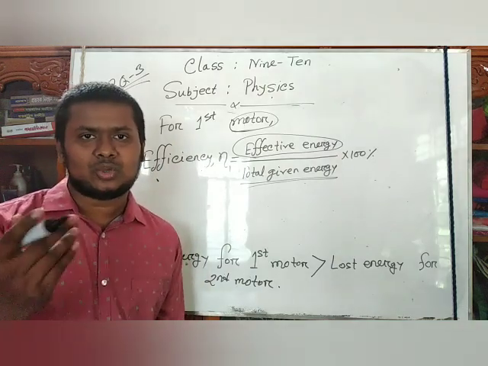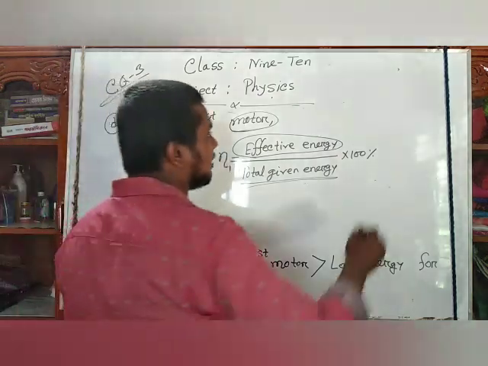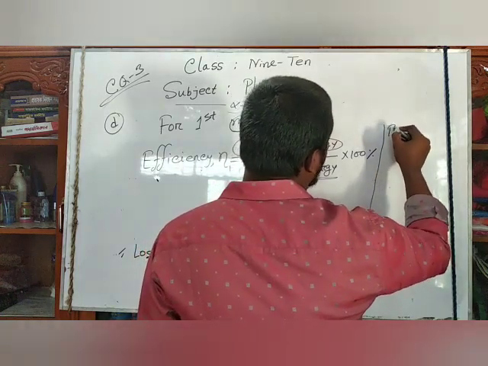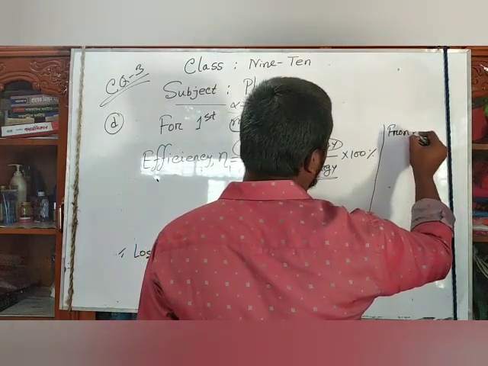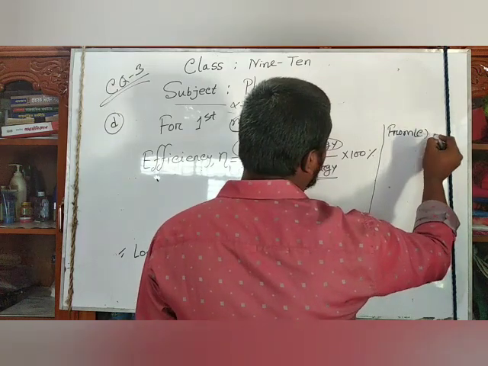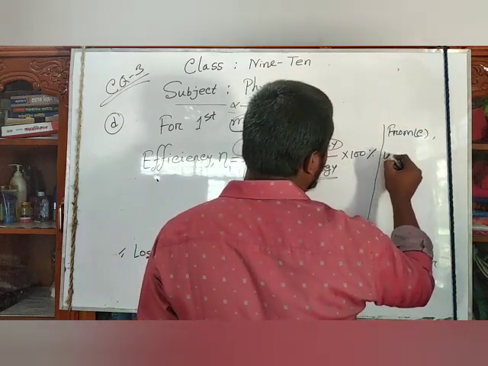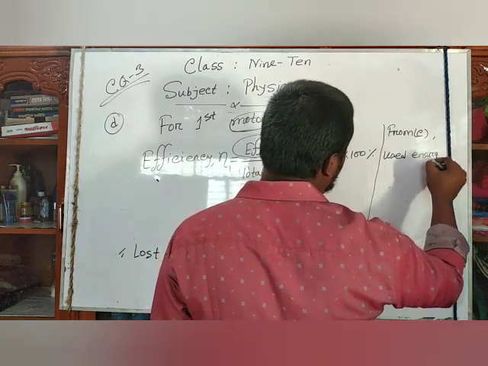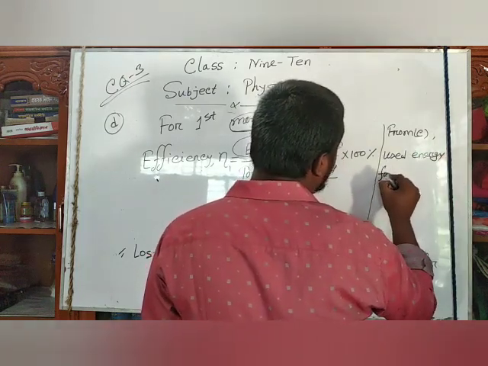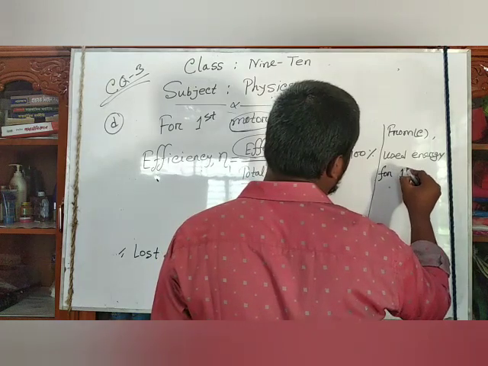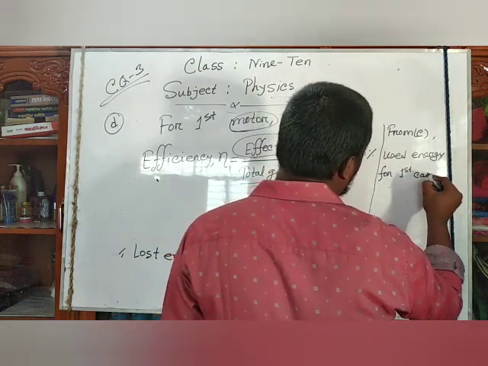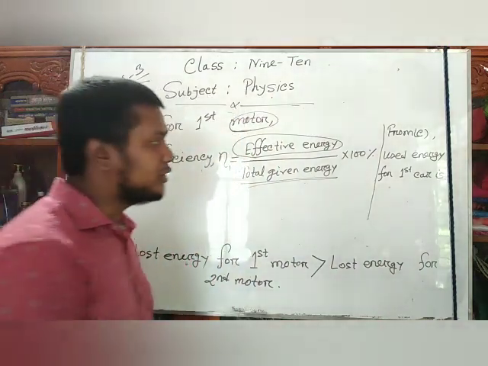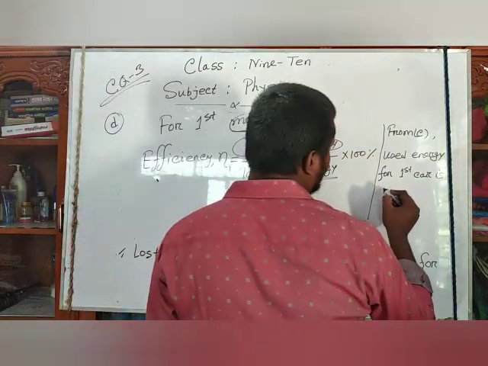So you know that from C, the used energy for the first car is 48 joule.